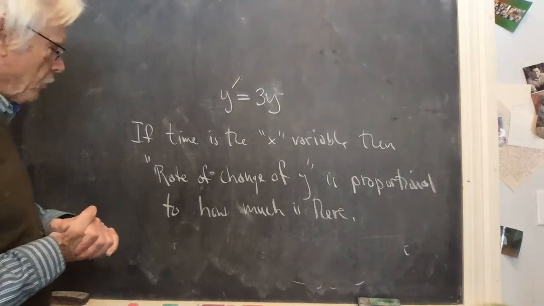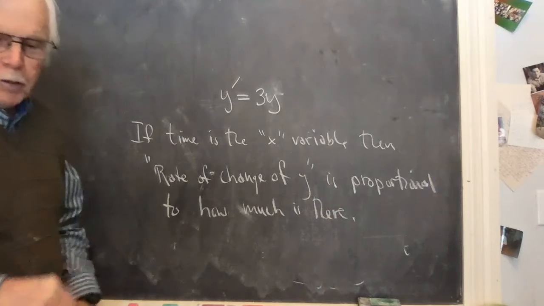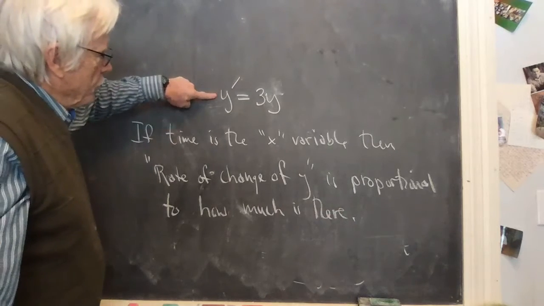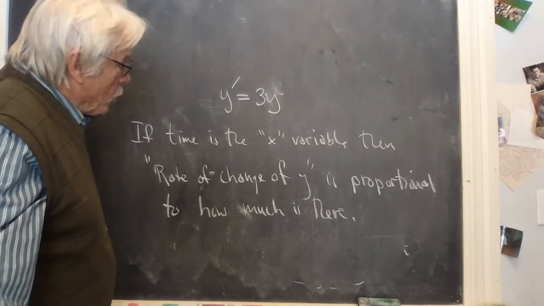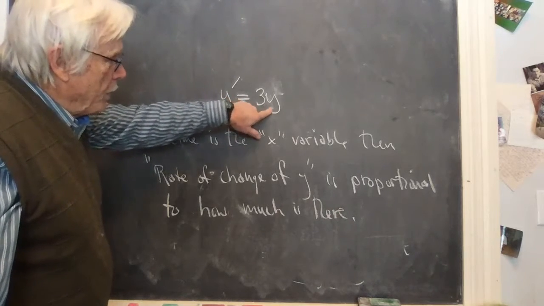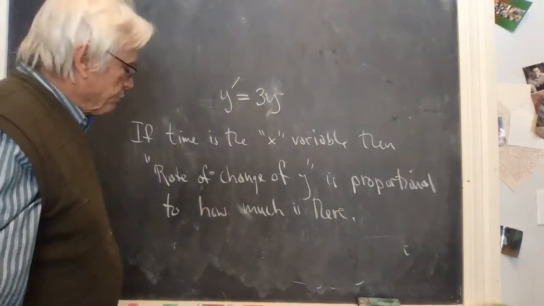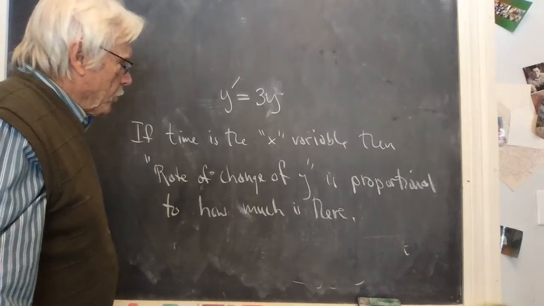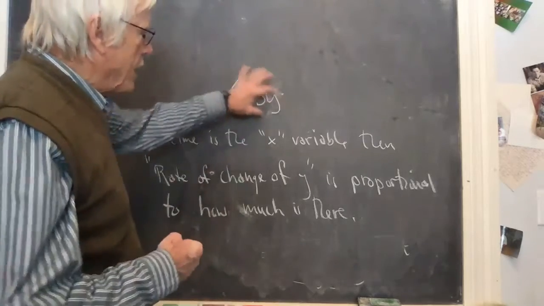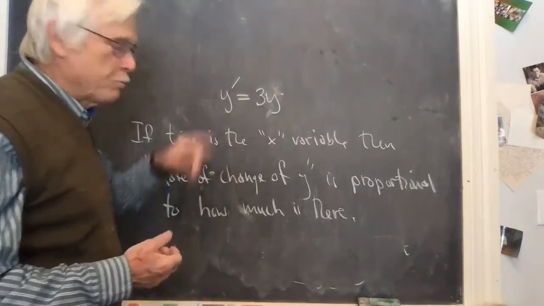So if you're talking about frogs in the pond, then how fast the frog population increases depends on, at any given time, how many frogs are there. Now, of course, if you have too many frogs, they spoil the environment. So this is only under ideal conditions for producing y.